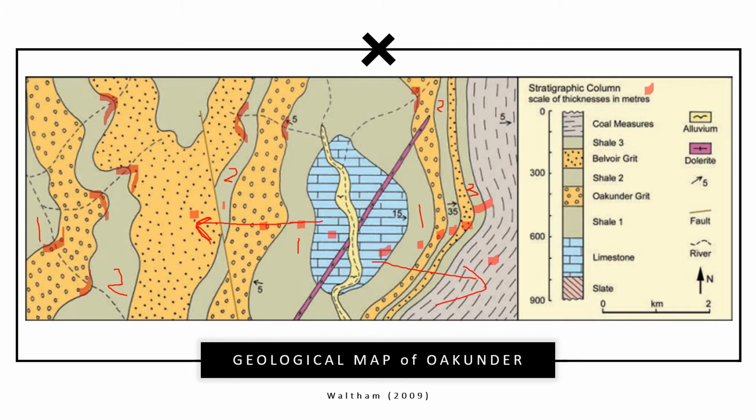So how about in this part right here? This is Belvoir Grit, this is Shale 2, this is O'Connor Grit, and this is Shale 1. So the youngest is the Belvoir Grit. So most probably we have a dip that points that way.